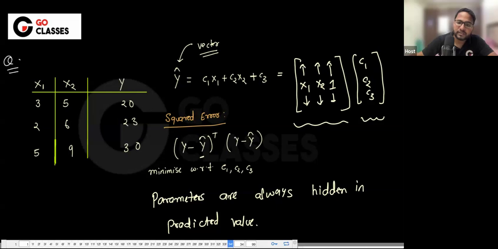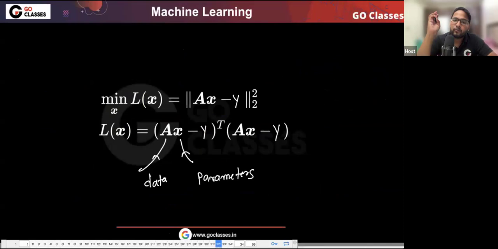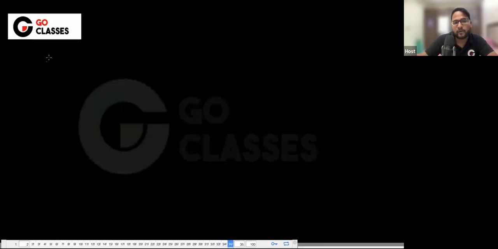So the ultimate thing is that, whatever notation you want you can use, we have our predicted value, which is y cap. We have our real value, which is y. We want to find out the squared summation of all of this predicted and the real. So one of the ways to write it is like this, right?